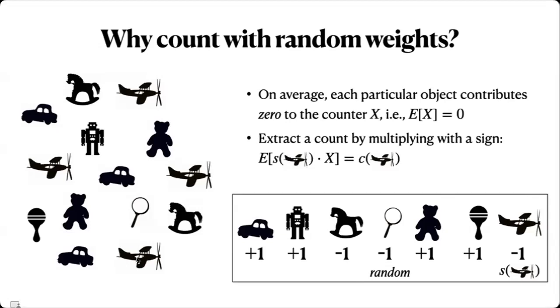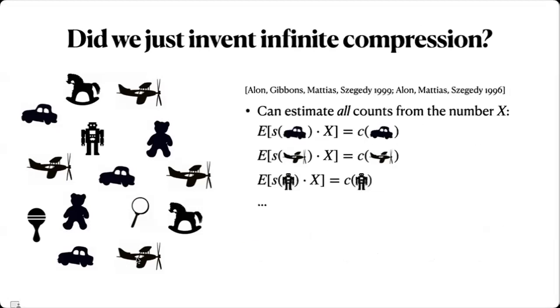So it seems that we can in fact get something out of this, but isn't this too good to be true, right? Did we just get some kind of infinite compression? Because we can of course do this with all the objects. We just have one counter, but we can get something that has an expectation that is the number of cars.